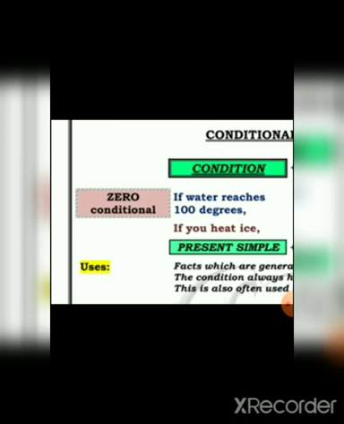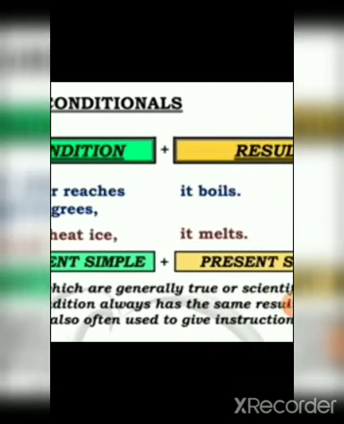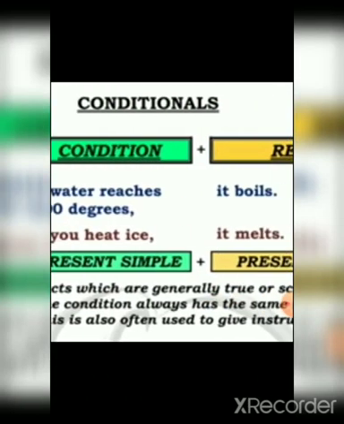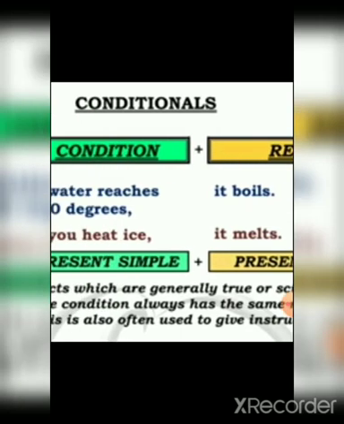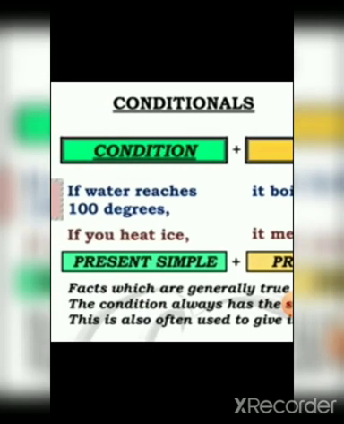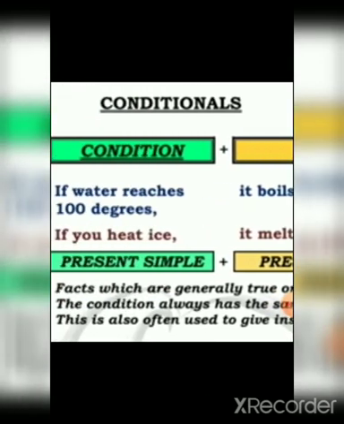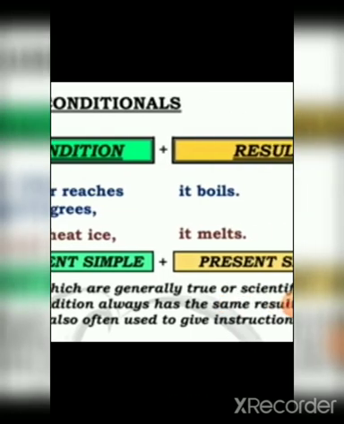See this explanation: facts which are generally true, or scientific facts. The condition always has the same result. Same result in the sense, same tenses: present simple, present simple. This is also often used to give instructions.